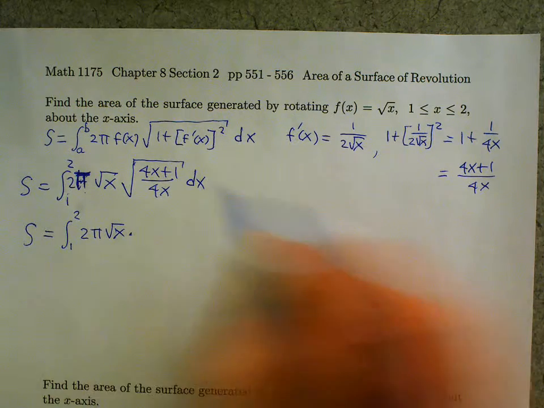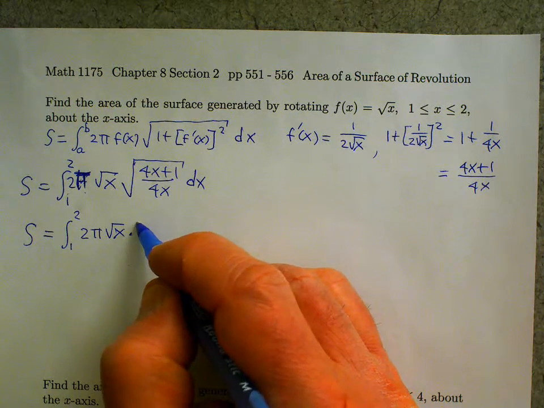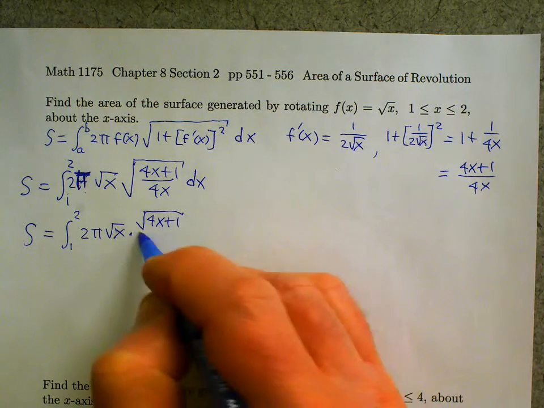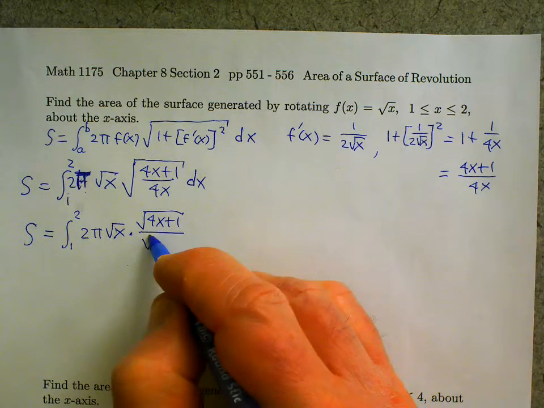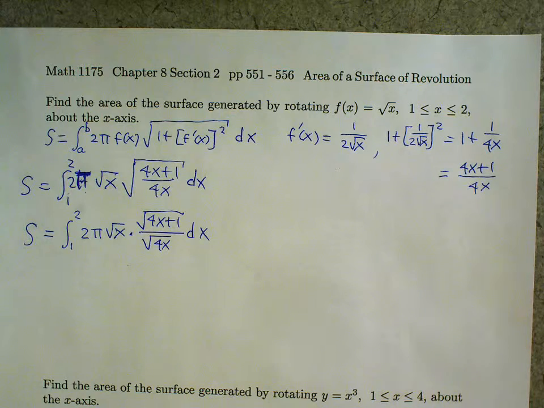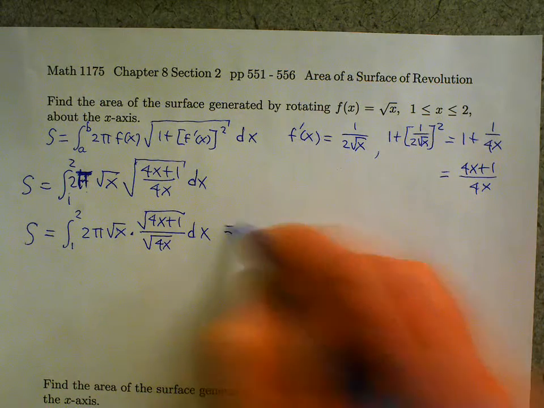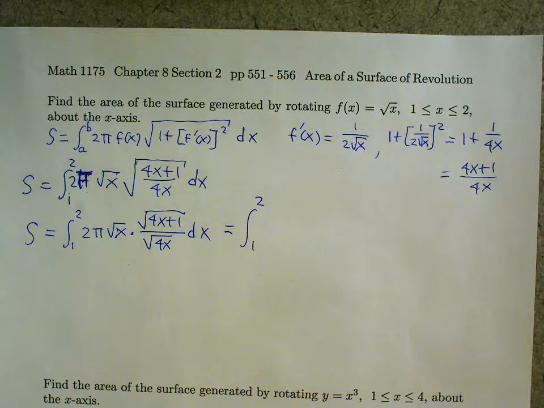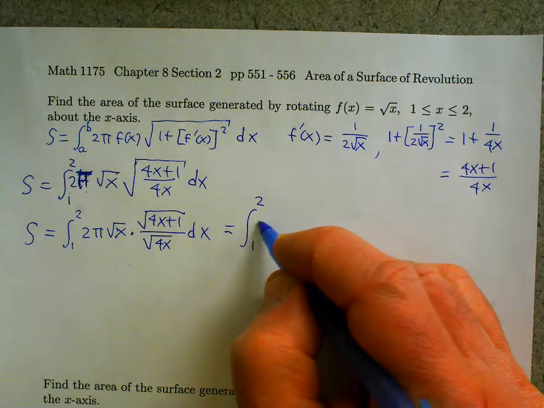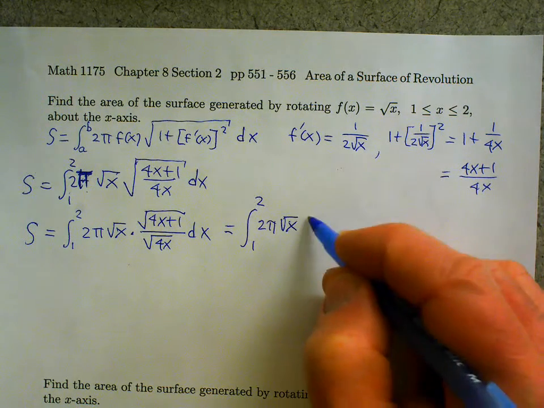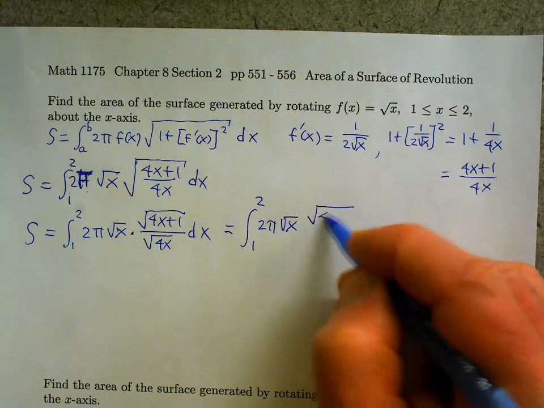So let's write it as a ratio of square roots, the square root of 4x plus 1 in the numerator and the square root of 4x in the denominator. So I'll rewrite 2 pi times the square root of x and the square root of 4x plus 1.